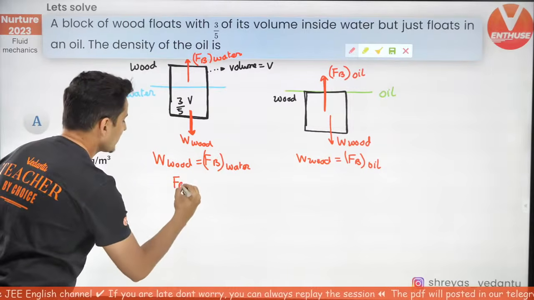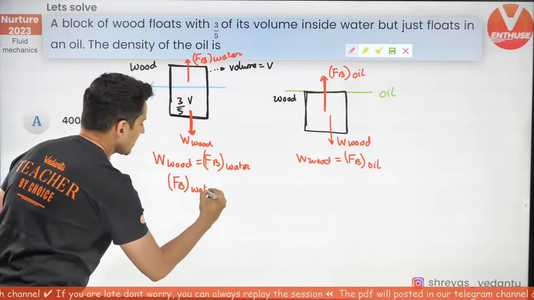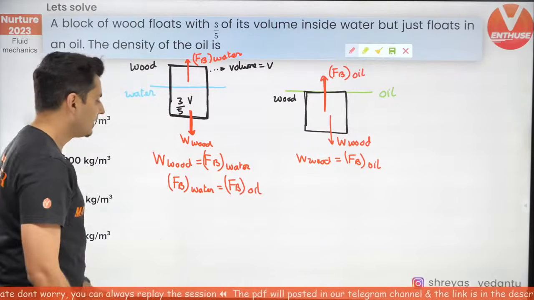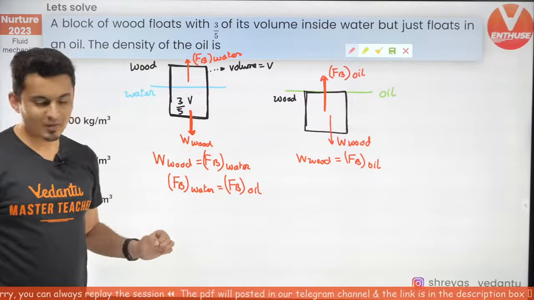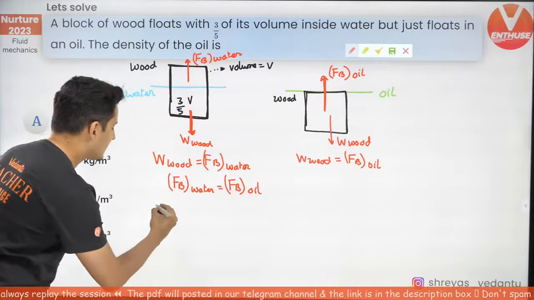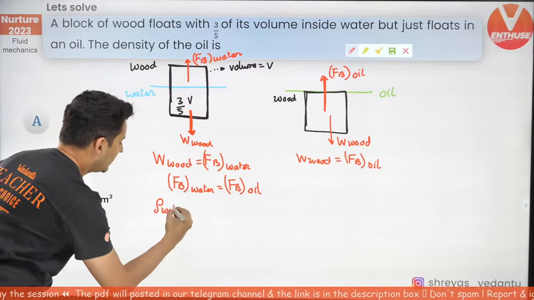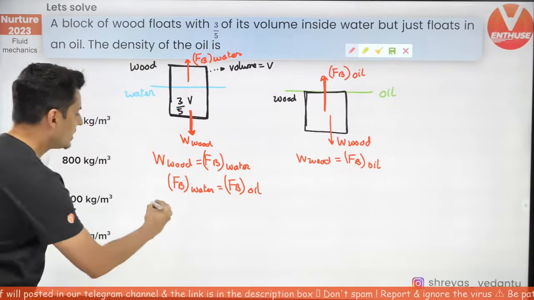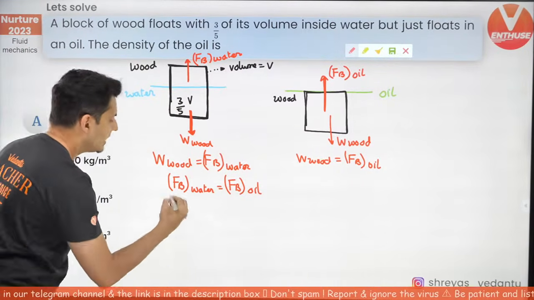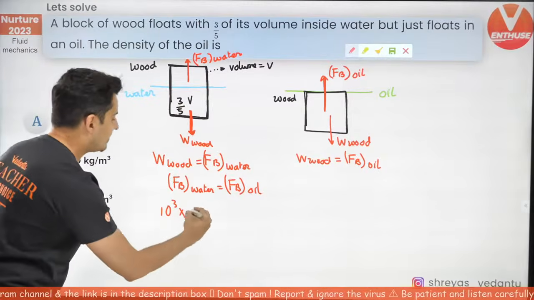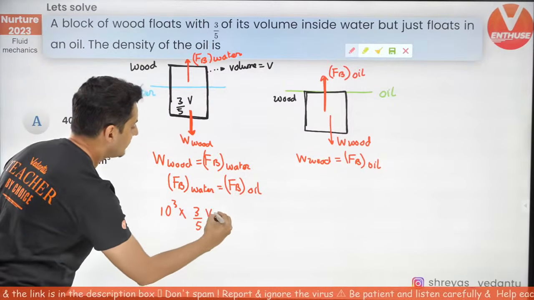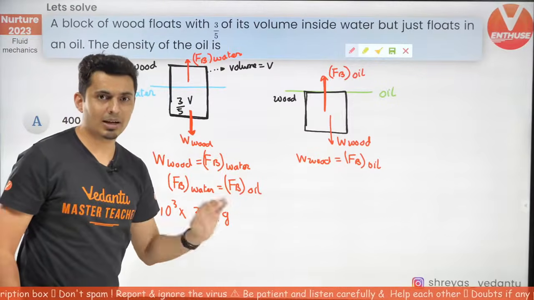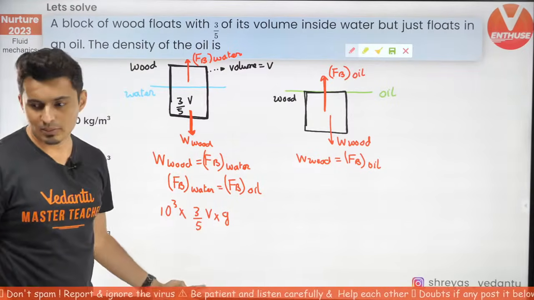So the buoyant force by water must be equal to the buoyant force because of oil. Now, what is the buoyant force because of water? It is density of water times volume submerged times g. Density of water is 1000, so I'm just going to put 10^3 times the submerged volume, which is 3/5 of V, times g. So that's the buoyant force of water, straight formula, rho V g, whatever you want to call it.